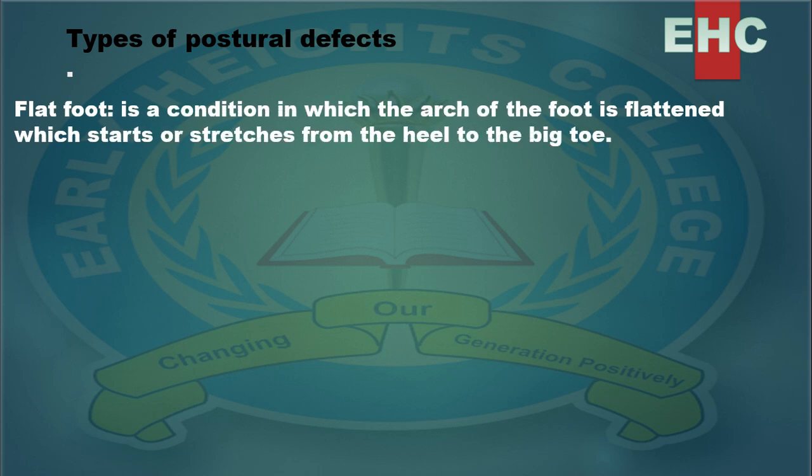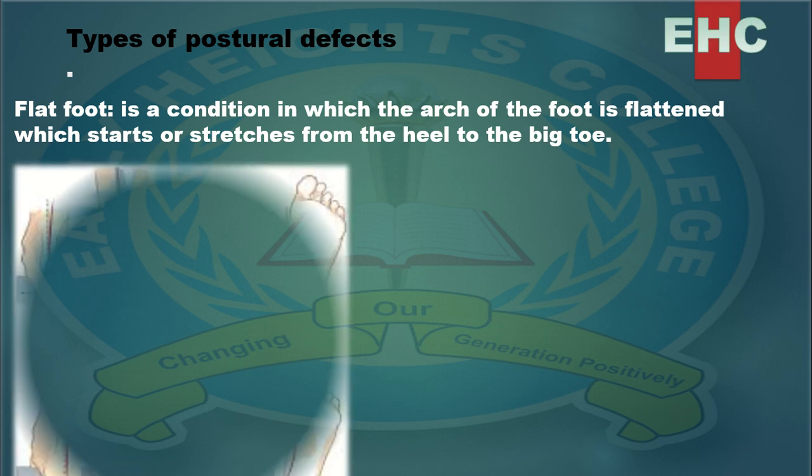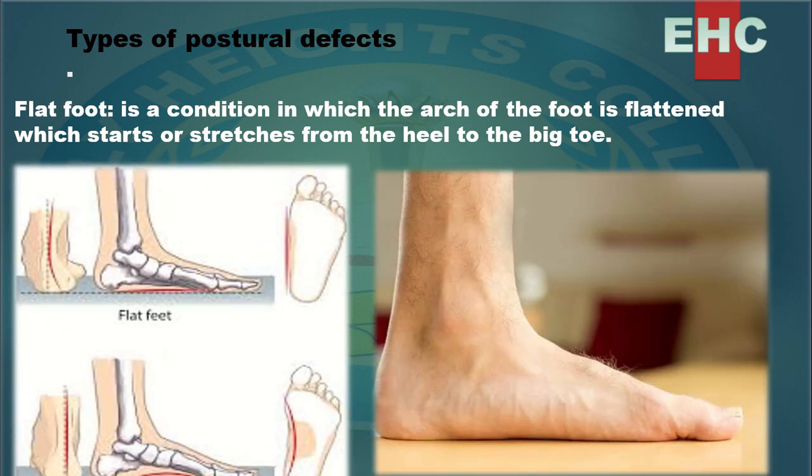Next is a very easily managed type of postural defect, in a way that a lot of people will not really notice it, because most people wear shoes around. Normally a human foot is always curved in.